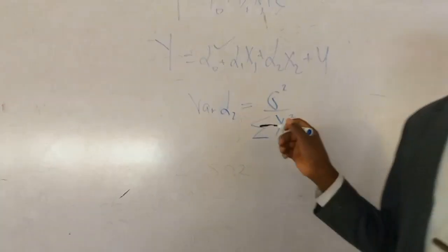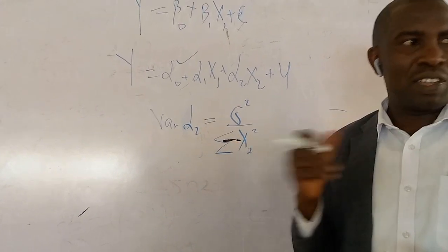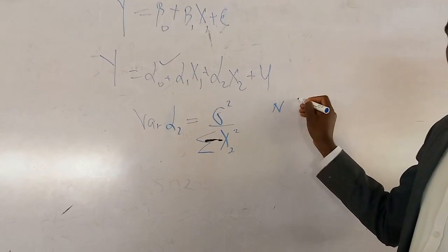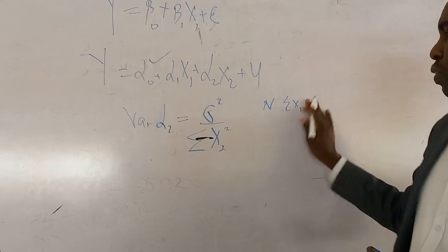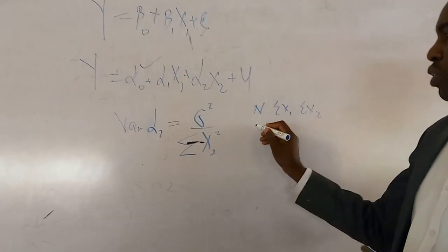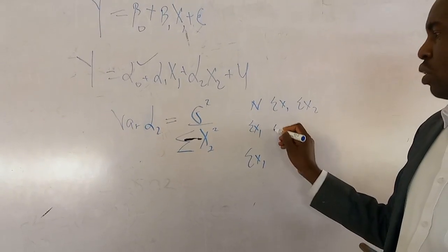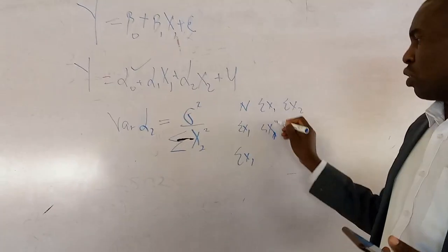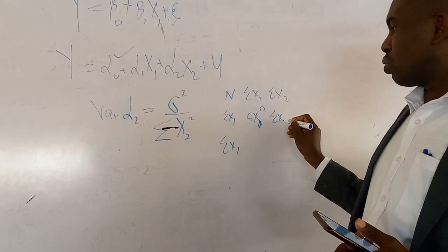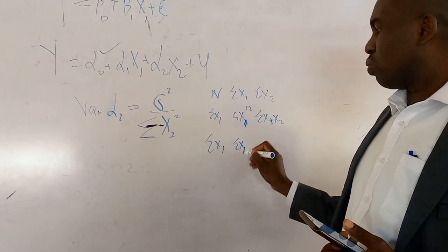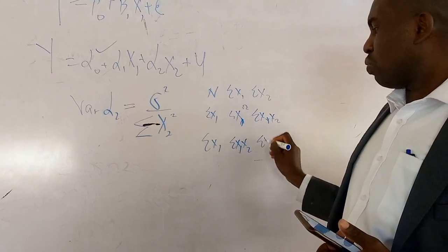This is how we get the variance. You remember the model of this: summation of x1 squared, summation of x1 x2, summation of x2 squared.